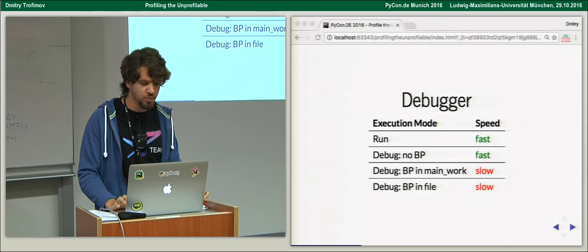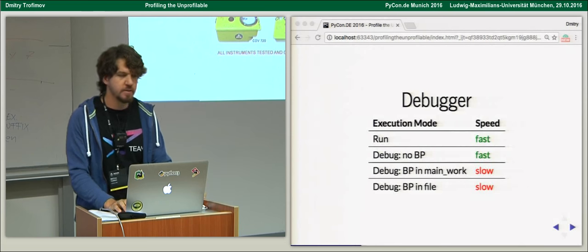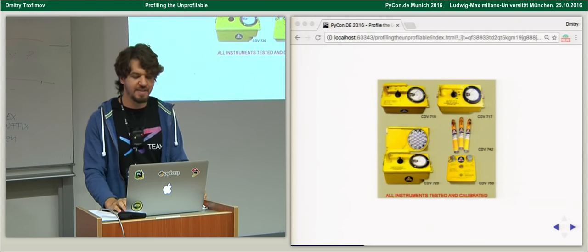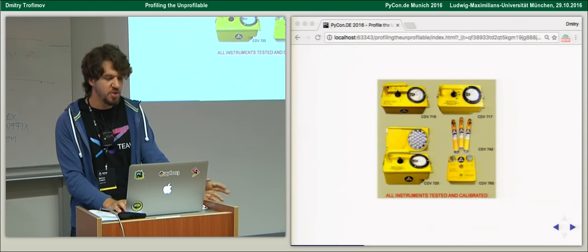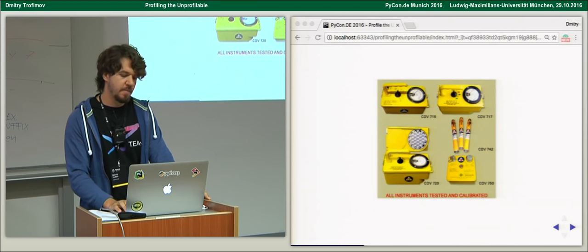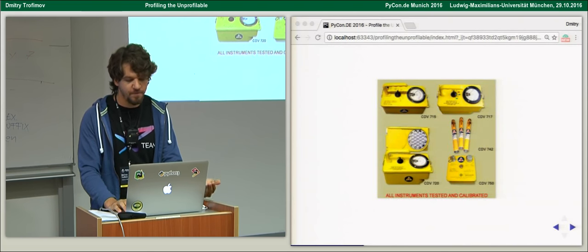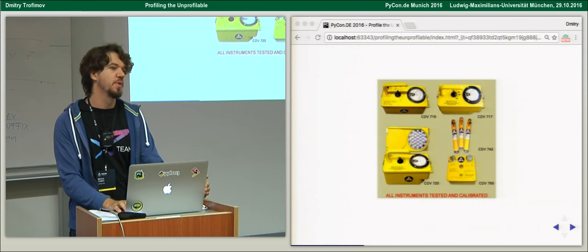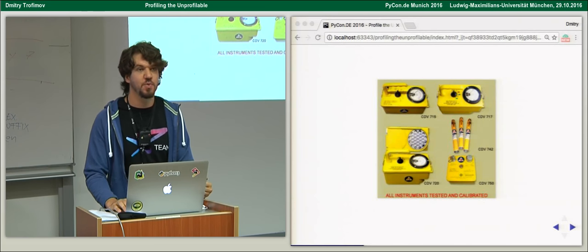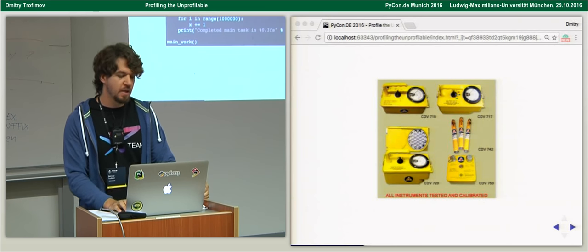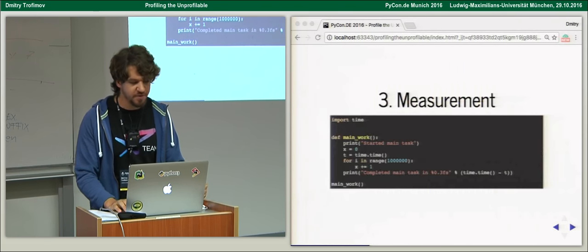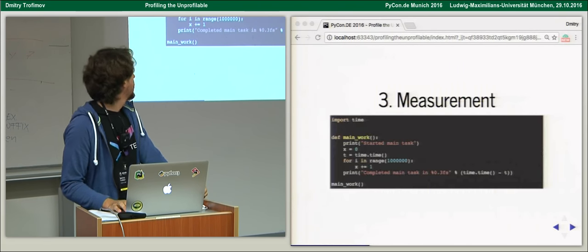What do we do to improve it? Everybody knows the saying that you can't improve what you can't measure. So the first thing that we need to do, if we speak about performance, is set up a measurement. And our measurement will be quite simple.